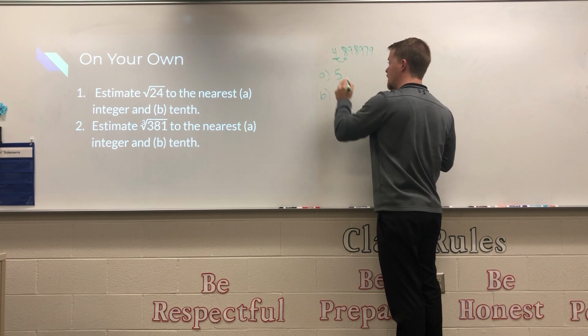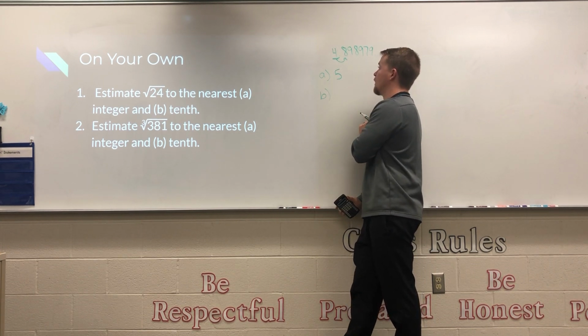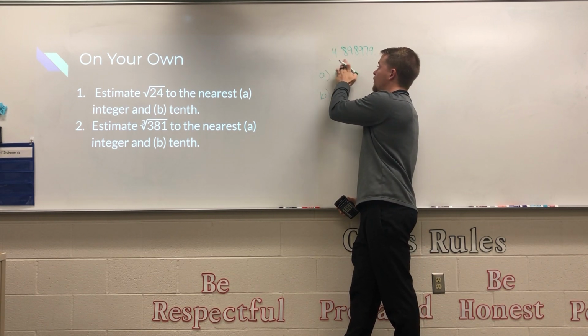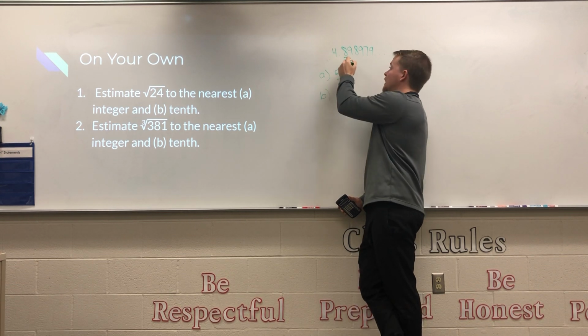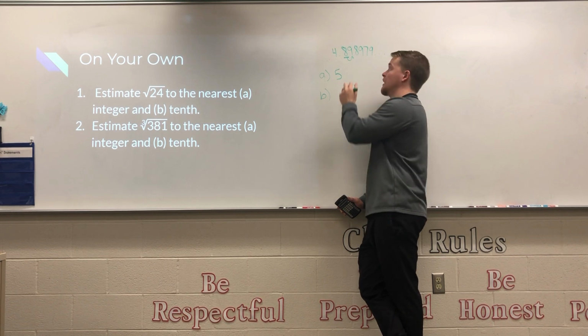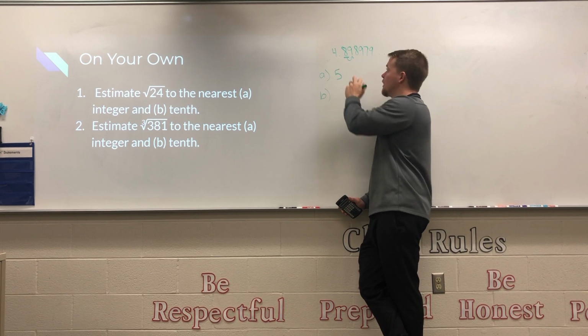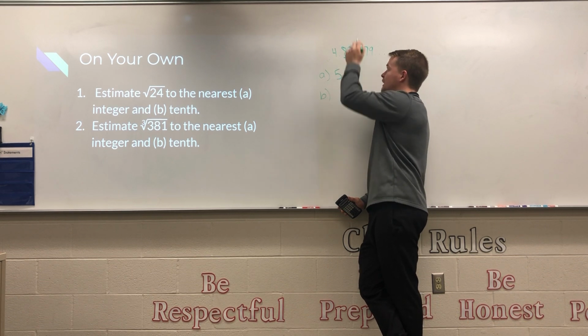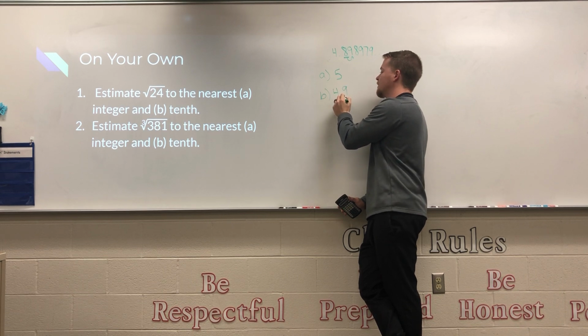So part A, when 4 is rounded up, it goes to 5. And I look at my tenth. If I'm rounding to the 10th spot, I look at the number in the 10th spot, and then look at the number behind it to tell me what to do. So the number behind is 9, so 9 tells me to round up. So that means my number in the 10th spot rounds up from 8 to 9, so that is 4.9.